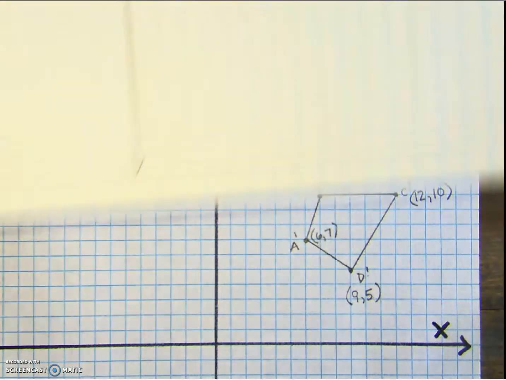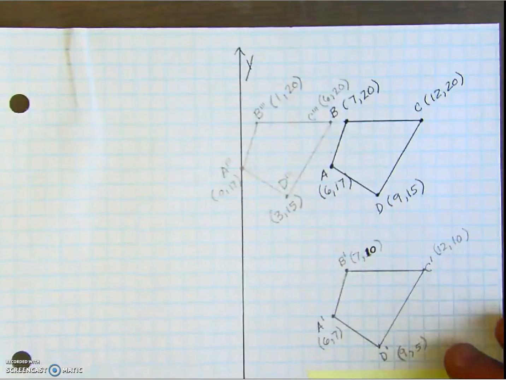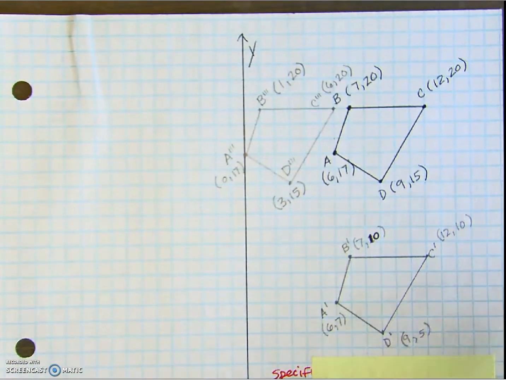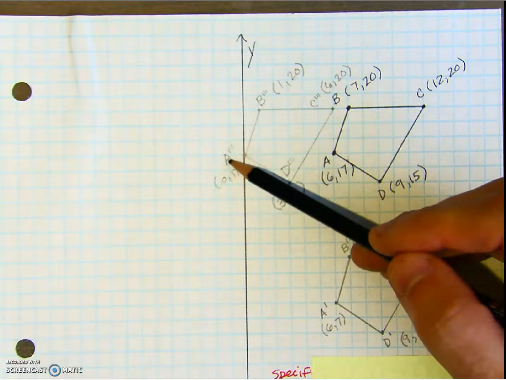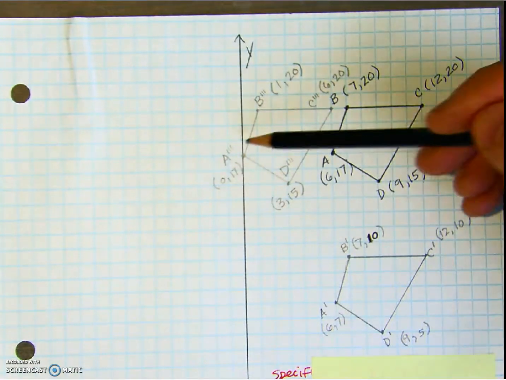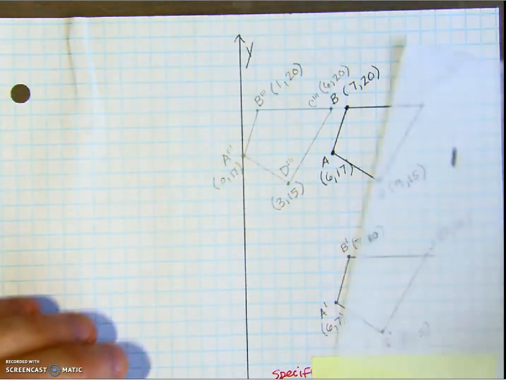All right, so I made another one just so we could go over these details a little bit faster. What you're seeing here with A triple prime, B triple prime, and so on, not sure why I used triple prime here. I could use double prime just as easily, but it is what it is.